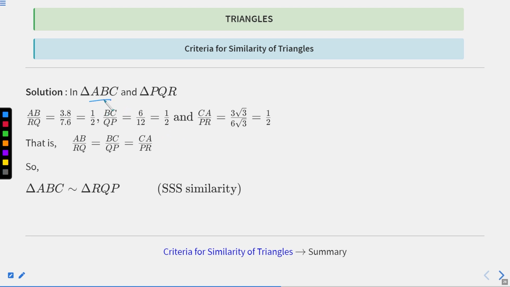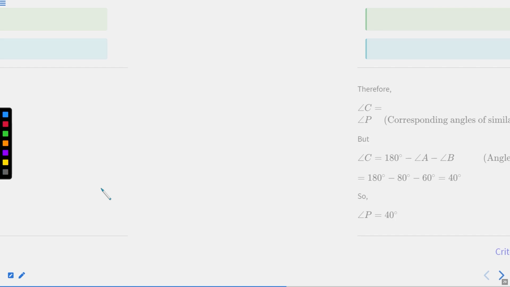In triangle ABC and triangle PQR, AB over RQ is equal to 3.8 divided by 7.6, which is 1 by 2. BC over QP is equal to 6 by 12, which is 1 by 2, and CA over PR is also 1 by 2. So AB over RQ is equal to BC over QP, which is equal to CA over PR. By the SSS similarity of two triangles, triangle ABC is similar to triangle RQP.